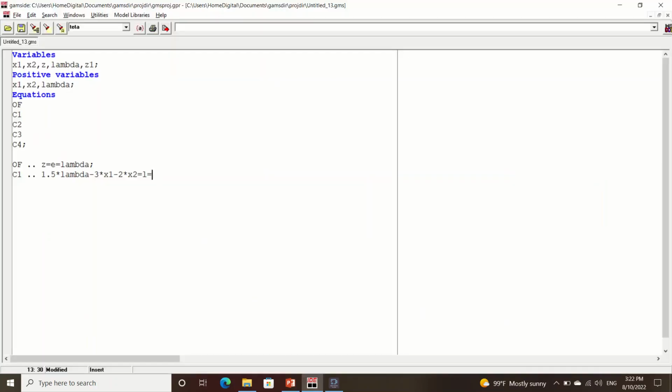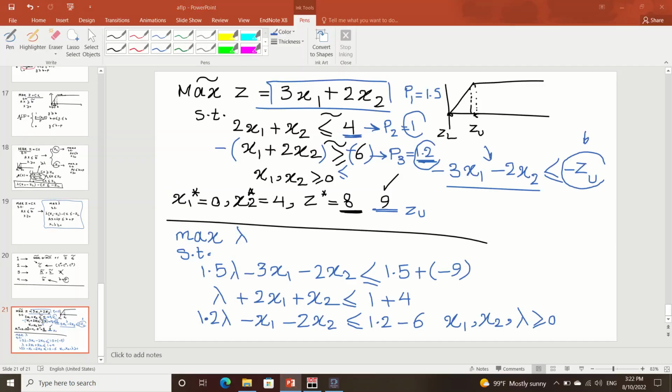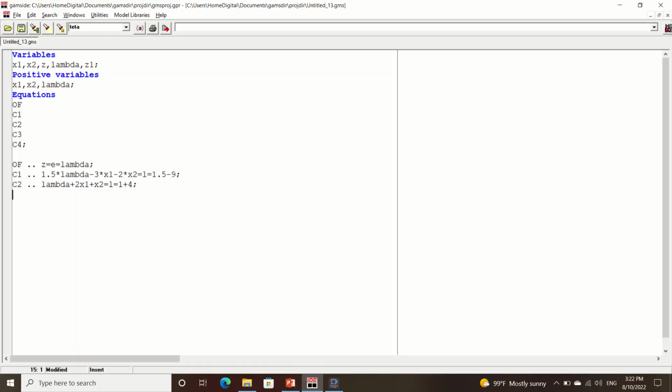I write exactly all numbers: 1.5 minus 9, semicolon, and C2: lambda plus 2x1 plus x2 is less than 1 plus 4, and third constraint: 1.2 multiplied lambda minus x1 minus 2 times x2 is less than 1.2 minus 6.